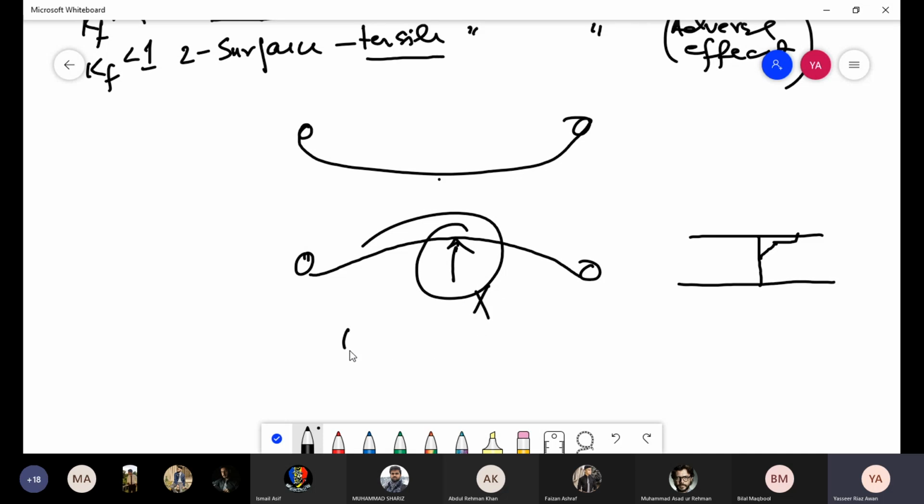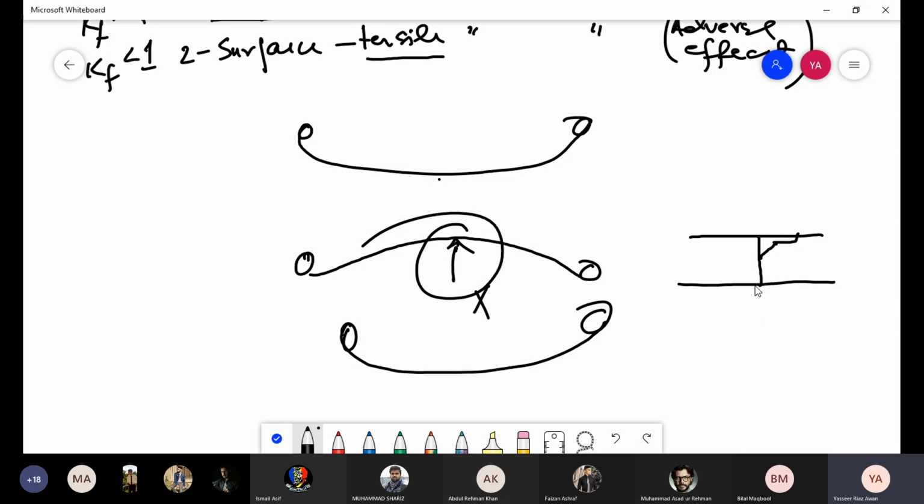So even when the load is removed and the part is in its final shape, you still have some residual stresses. Our purpose is that these residual stresses, especially at the surface, have to be compressive.